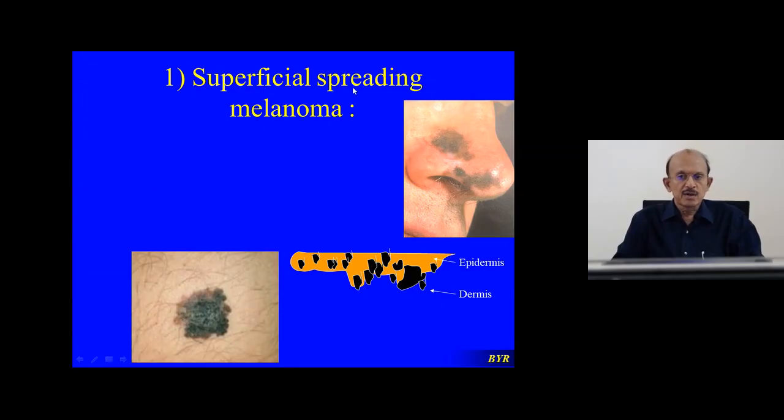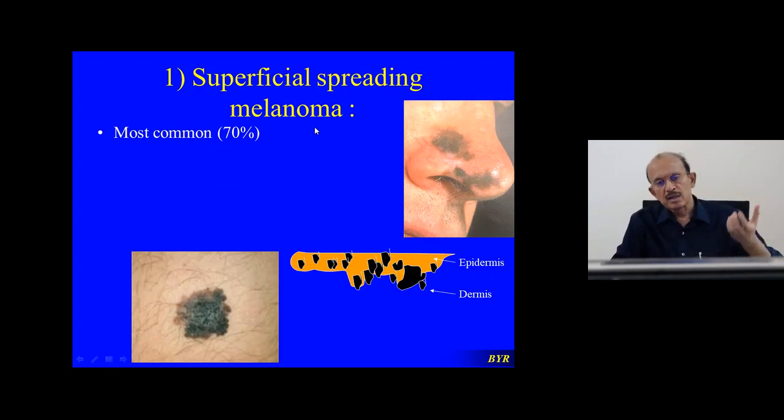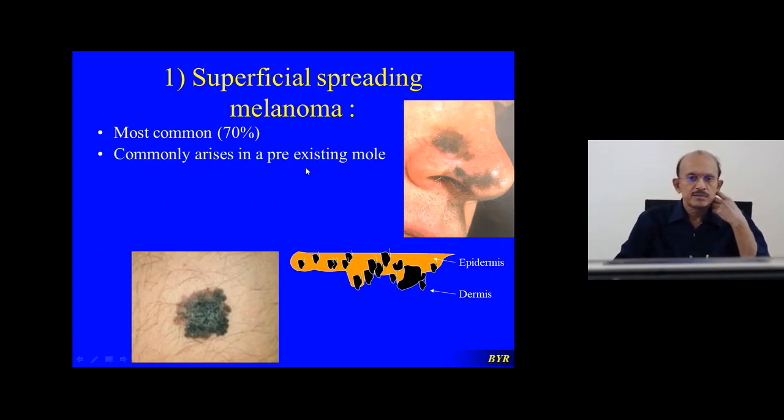The clinical types of melanoma. Superficial spreading melanoma. It is the most common type. The name itself tells: superficial spreading. Instead of deeper penetration, it has more predilection for lateral spread. It more commonly arises in a pre-existing mole.